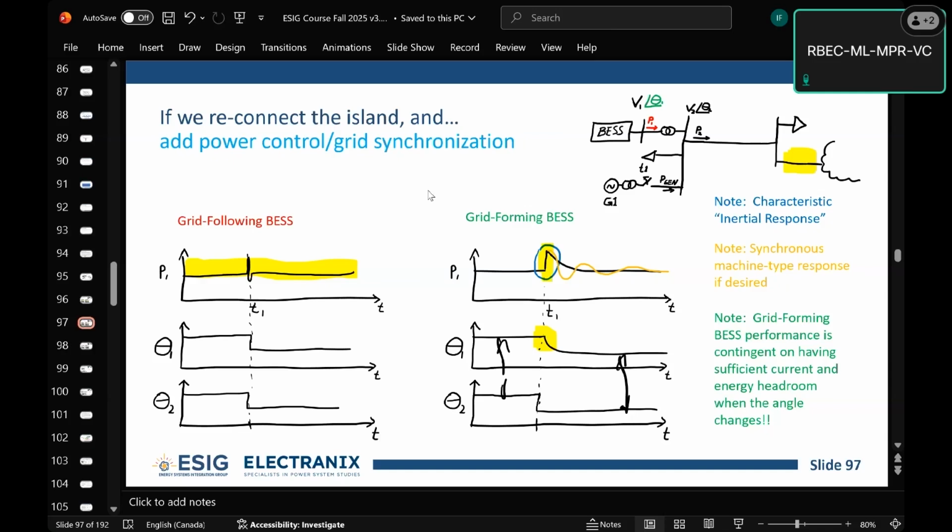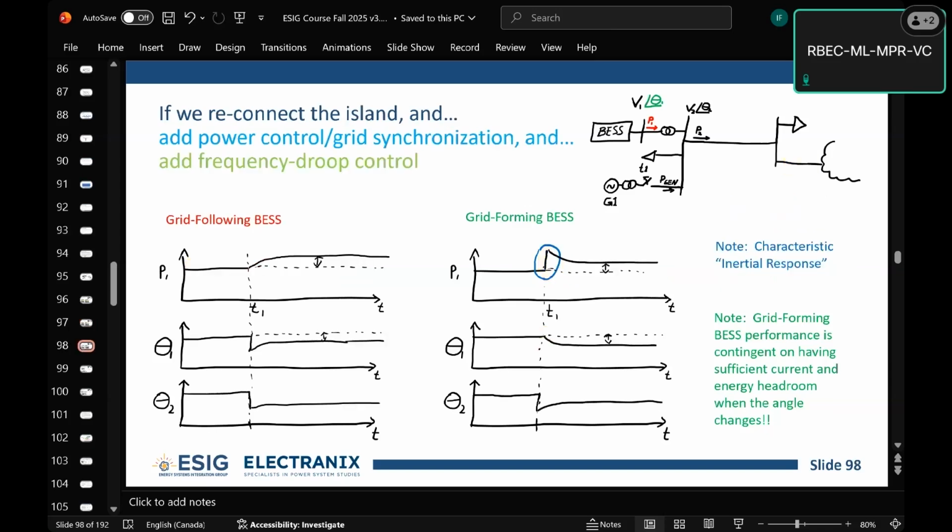In fact, everything we're asking for from grid following, like Alex said yesterday, we are keeping all of those services. So frequency control, frequency droop control in steady state, voltage control, all of the things that we want ride through from grid following, we also want from grid forming. So we're going to get the same steady state error over here, but the difference is, again, what happens in the short time afterwards.